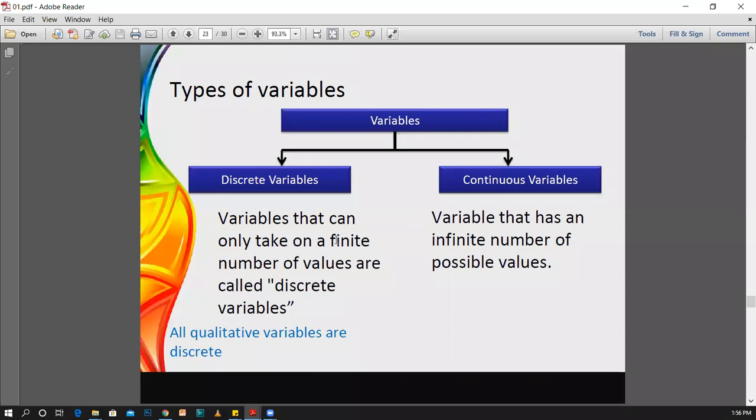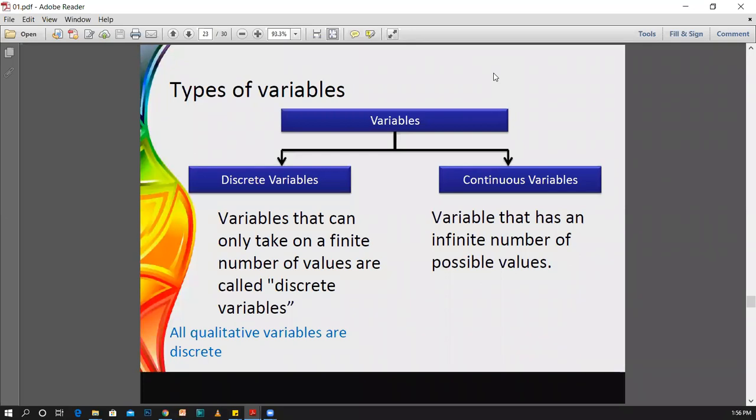Think about names, you may have Nimal, Hamal, Saman, Ajit, likewise. But in between two names, can there be any other names? There cannot be. Then if you have hair colors, what can you say?